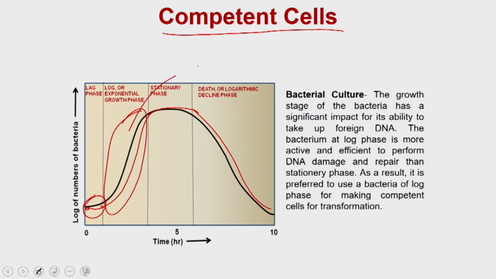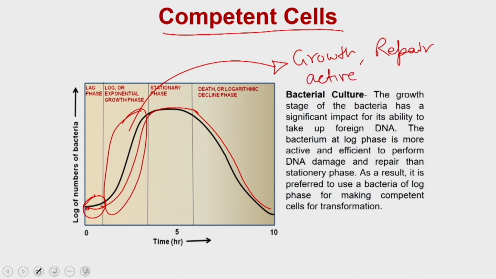The log phase bacteria are very active in terms of metabolism, in terms of growth, and in terms of the repair mechanism. So, these bacteria are very good in terms of growth and repair, and they are metabolically very active. So, this is the phase which you can use for making the competent cells.